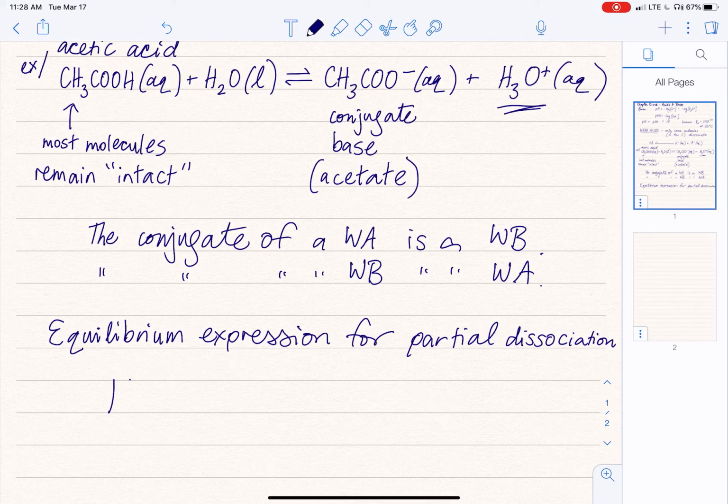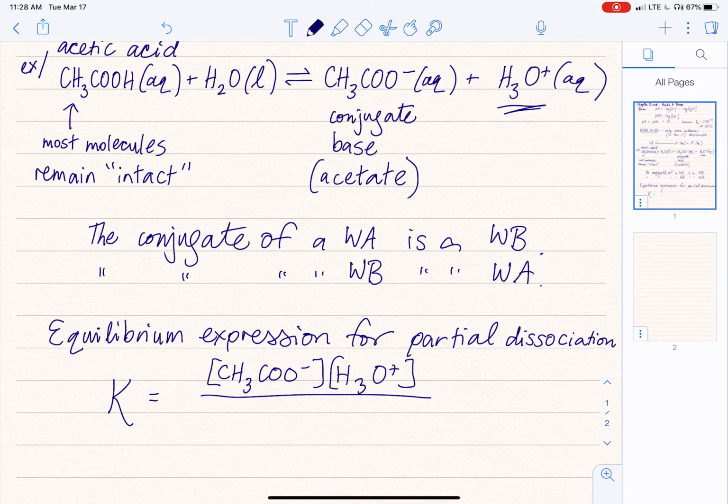So the K for this reaction is going to be equal to the concentrations of the products, in that case acetate and hydronium, over the concentrations of the reactants, which in this case is just going to be the acetic acid, right?